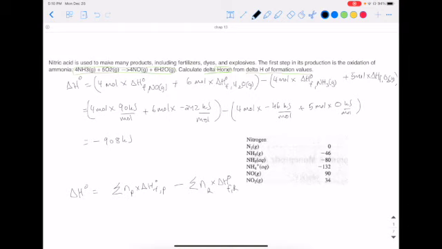I would take 4 moles times the delta H formation of NO gas, because that's my first product, and then 6 moles times delta H formation of H2O gas, which is my second product. And then I would subtract 4 moles times delta H formation of NH3 gas and 5 moles times delta H formation of O2 gas. And what I need to do here is just find those numbers in Appendix 4.